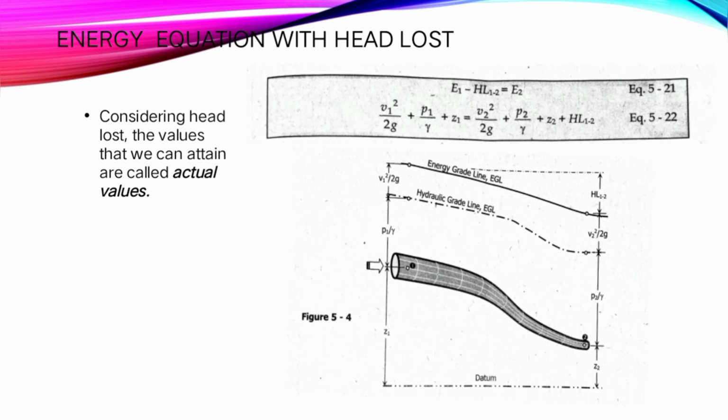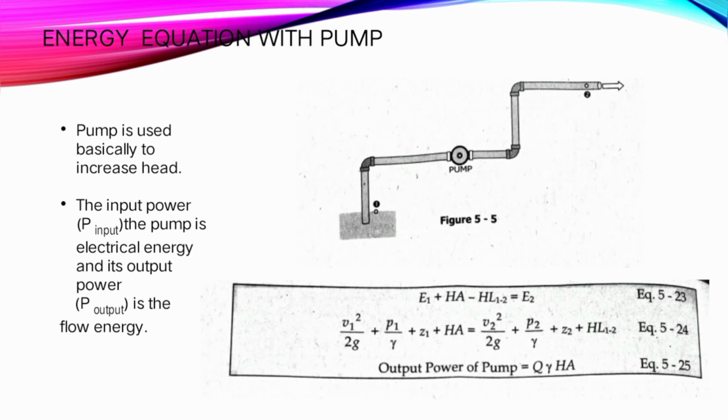Energy equation with heat loss. Considering heat loss, the values that we can attain are called actual values. With reference to the figure below, we will have the energy equation with heat loss given in equation 21 and equation 22. Energy equation with pump.